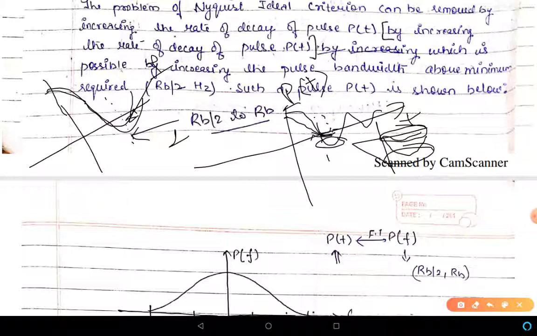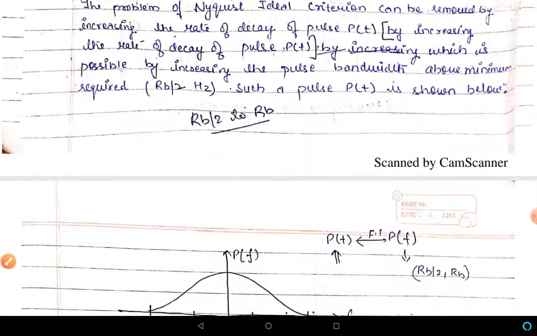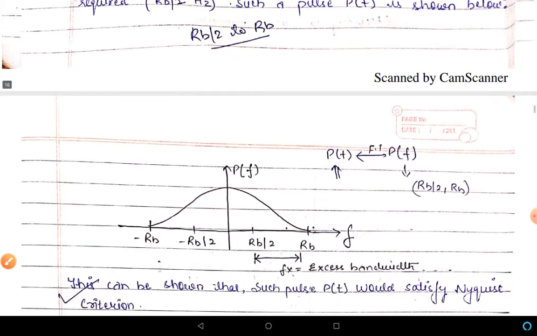This is the gist of Nyquist second criteria of zero ISI. So what I need to do is reduce the extent of the side lobe of pulse p(t), the pulse which was part of Nyquist first criteria. Now the question is how to do that.